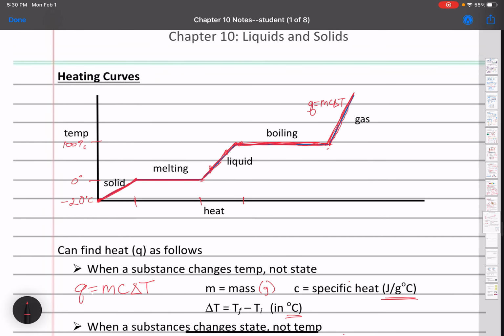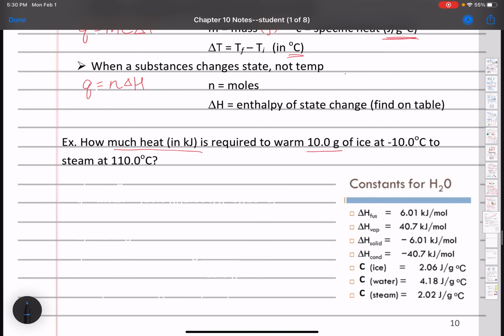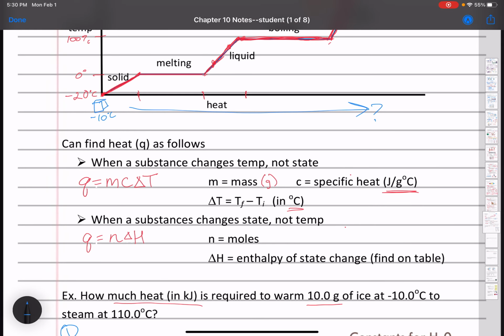In other words, we have a piece of ice down here that is negative 10 degrees Celsius, and this is my steam, and we are going to heat it up to steam at 110 degrees Celsius, and we want to calculate how much heat it's going to take to do that. So we're going to do this in steps. The first step is we need to figure out how much heat is absorbed by that block of ice as it warms up to the melting temperature of 0 degrees.